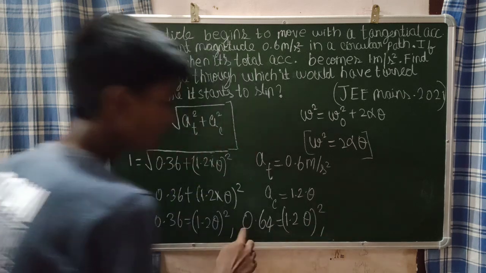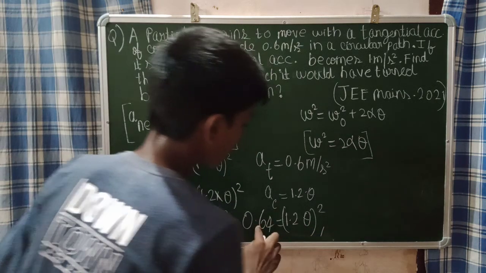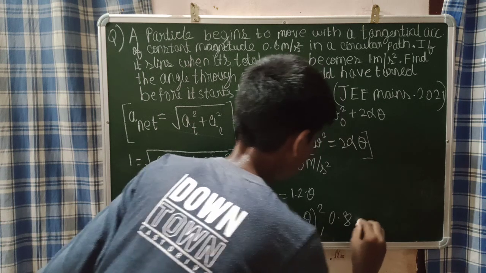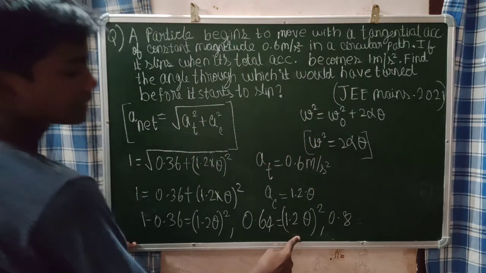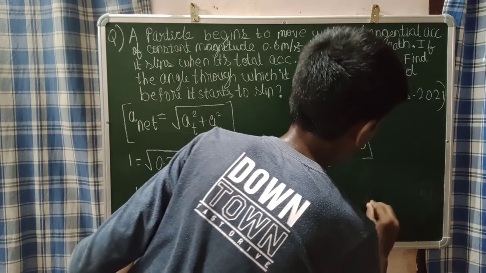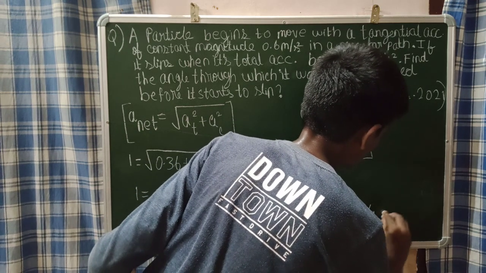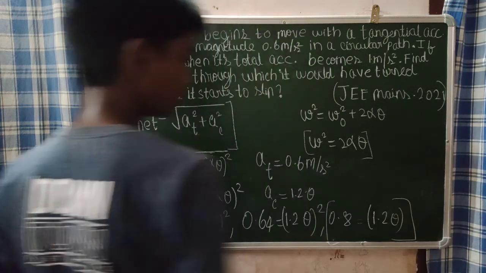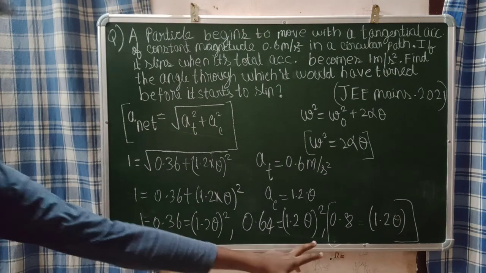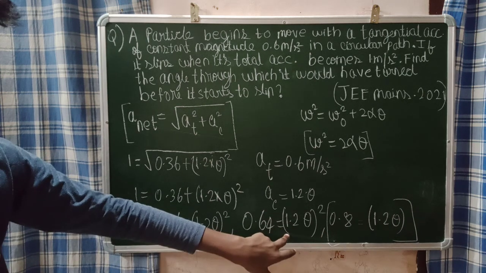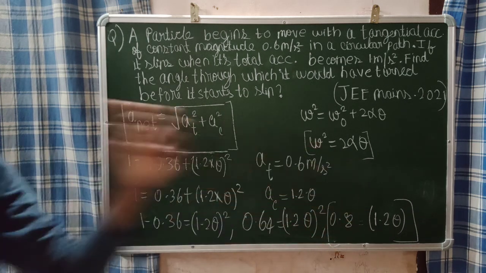Now after this, take square root on both sides of the equation. So square root of 0.64 is 0.8, and when you take square root on the RHS, you will get 1.2 theta. This is the equation I finally arrived at. So 0.64 square root is 0.8, and 1.2 theta whole square root is 1.2 theta. Very simple.